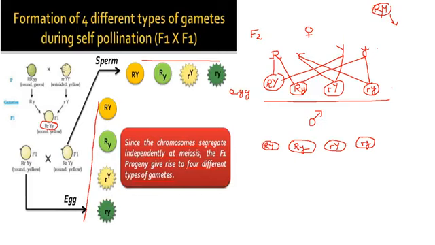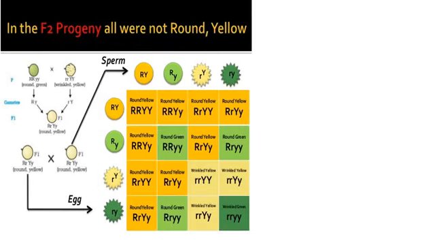Now let's see the result of the Punnett square. Here we have already arranged the sperms and eggs, and when we do the crossover, we will find that capital RY and capital RY come together first, and we are getting round and yellow, because capital R is responsible for the round character and capital Y is responsible for the yellow character.